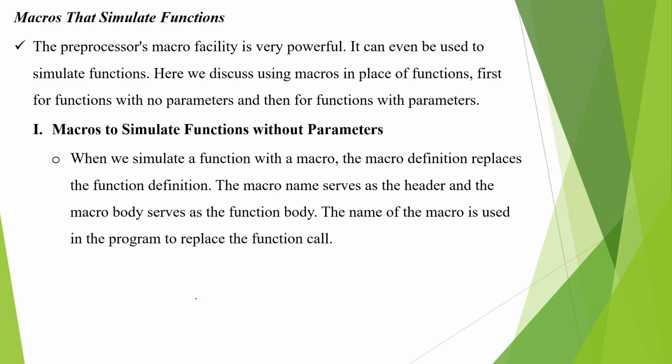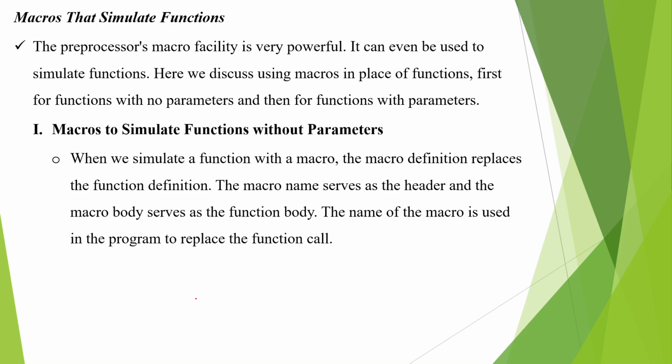These macros can be used to simulate functions. We know that functions, whenever we use them in our program, have a declaration, a body, and a call area. Whenever you make a call, the control will jump from the call to the body.